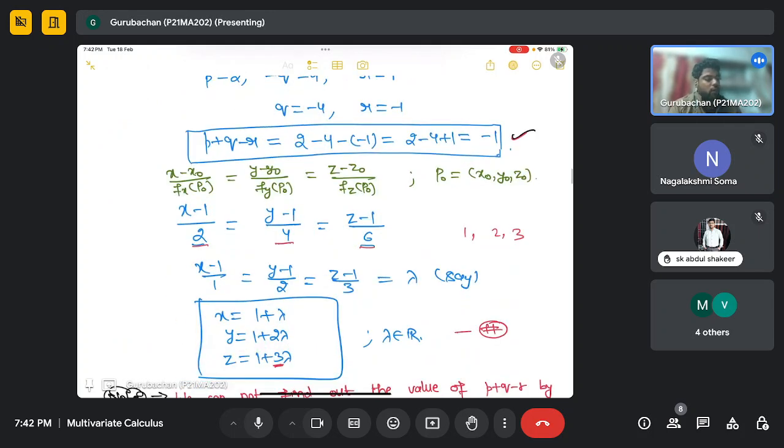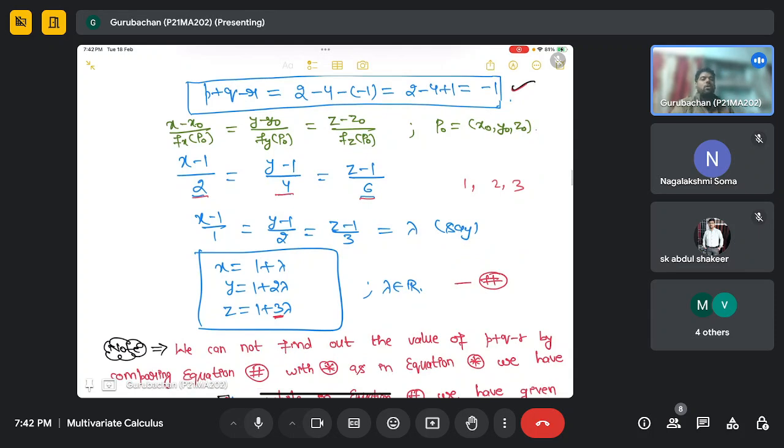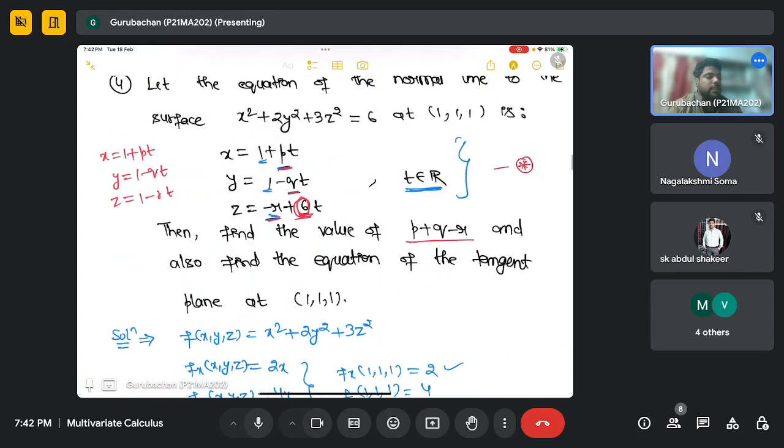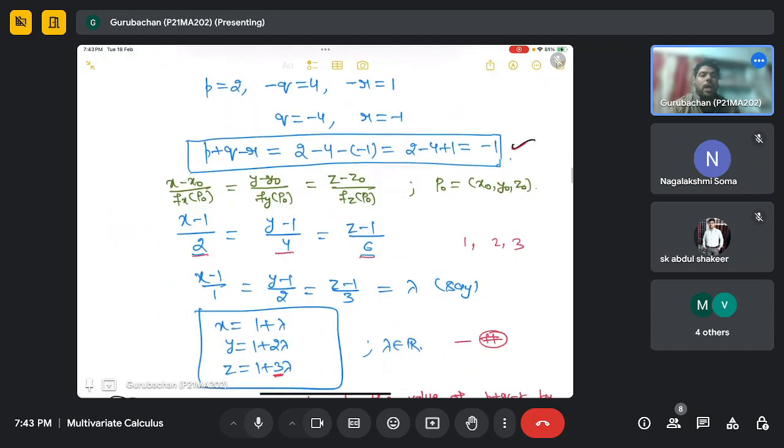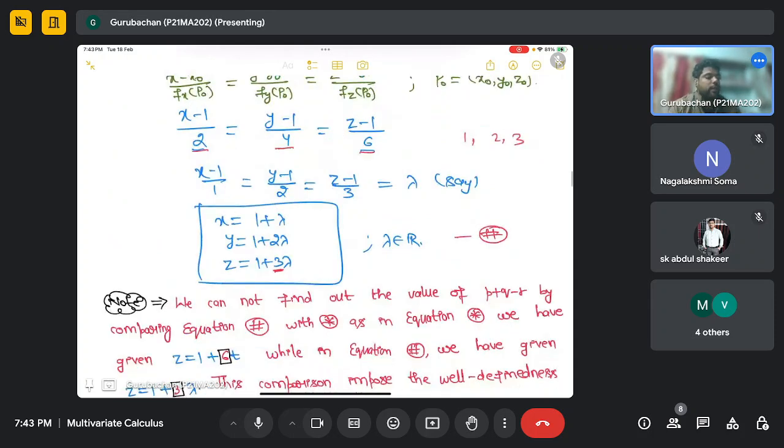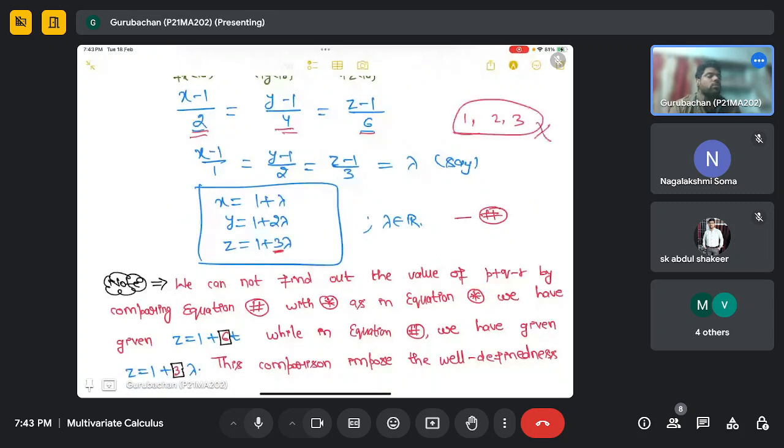From here it will come 1 plus 2 minus 3, which will be 0. Then the answer will change, and we can say the question is not well defined. But as we have given the 6, this question is already well defined because it will not allow us to change the factor 2, 4, 6 to 1, 2, 3. So the answer will be unique.